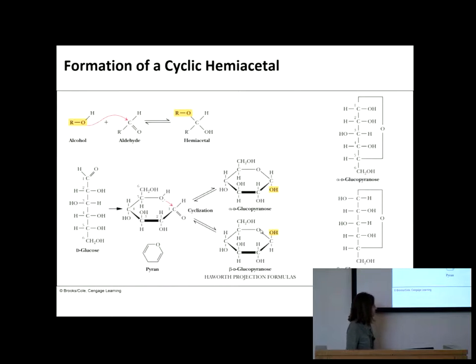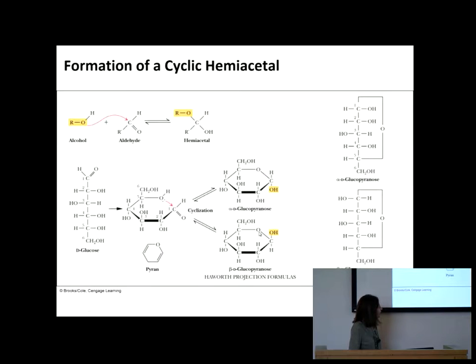Now, I try not to flip these around like pancakes on the exams, because you can't flip them around like pancakes. But if you see the dangling number 6 pointing up like this, and then you look to the O to the right of carbon number 5, that O is the one the carbon attacked.